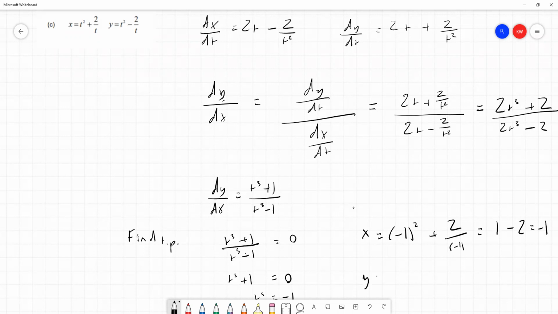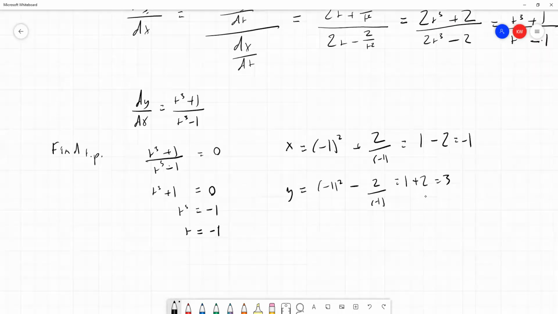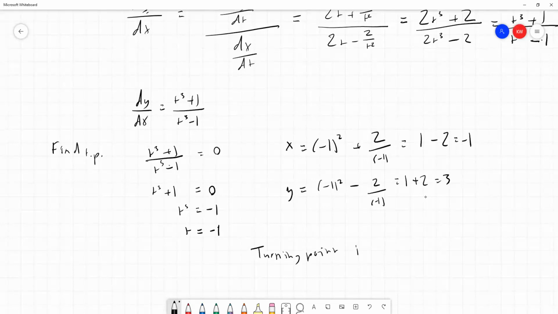And for our y coordinate, we'll have y is equal to minus 1 squared minus 2 over minus 1, which becomes 1 plus 2 equal to 3. And so our turning point is minus 1, 3. And that's the first part of the question.